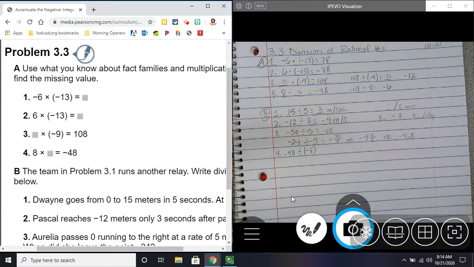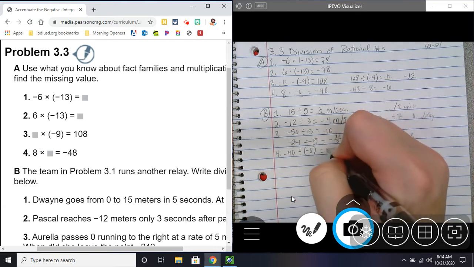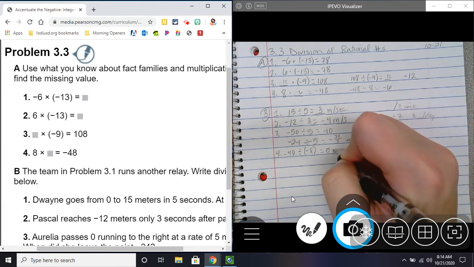And how long will it take her from the time she passes 0? And this equals 5 seconds.